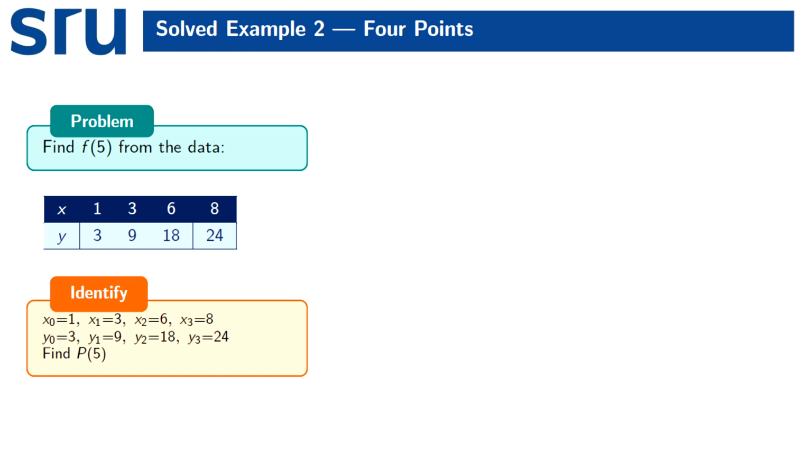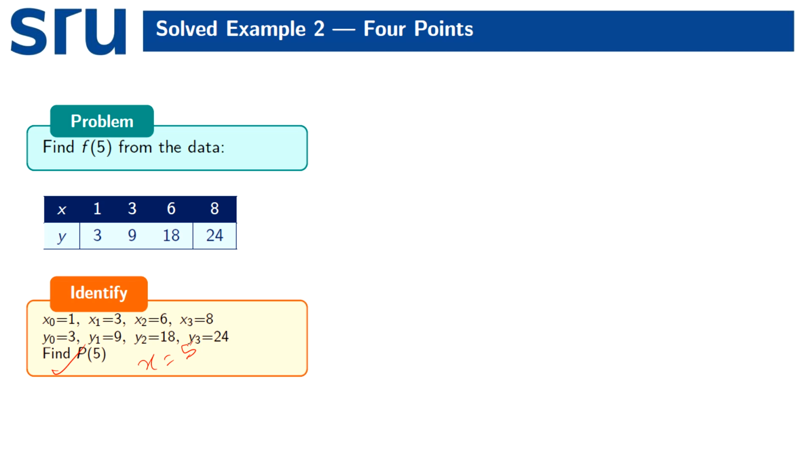We are given data x equal to 1, 3, 6, 8 and y equal to 3, 9, 18, and 24. And we are asked to find the value of this function at the point x equal to 5. That means we will need to estimate the value of the function at x equal to 5 only.